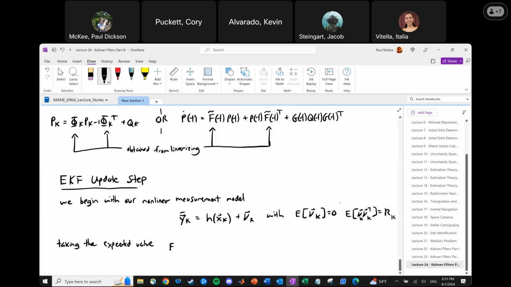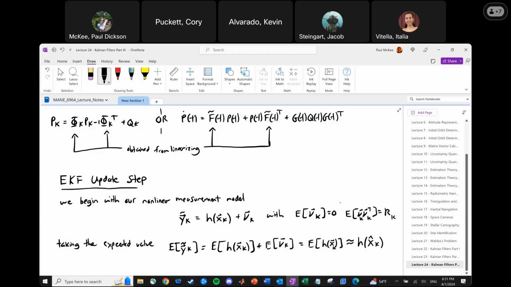We get the expected value of y_k is equal to the expected value of h of x plus the expected value of nu, which we just said is 0. So this is the same thing as just the expected value of h of x, which is approximately equal to first order to just h of x_k.